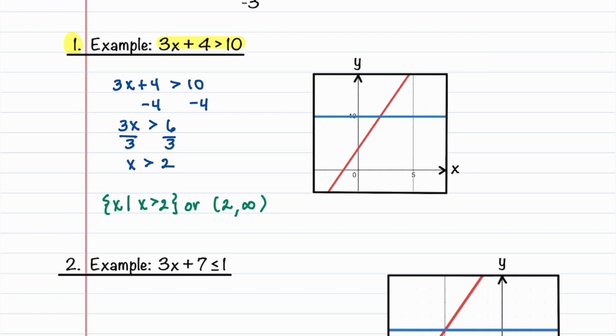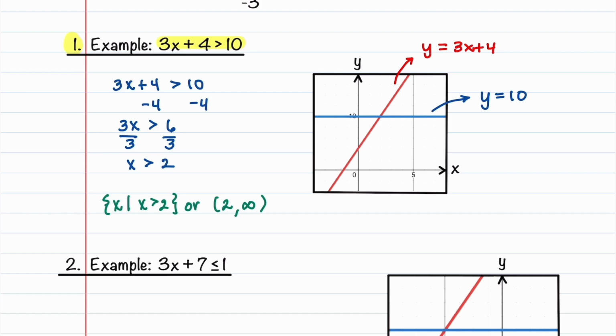Now what I want to do is look at the graph so that we can understand why we got the solution that we did. Our red graph is y is equal to 3x plus 4. And then our blue graph is y is equal to 10.